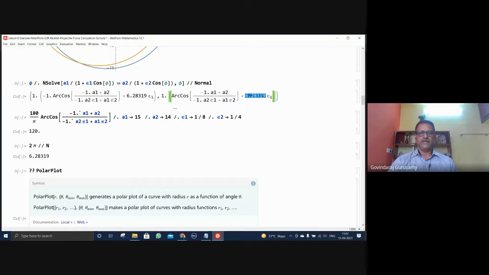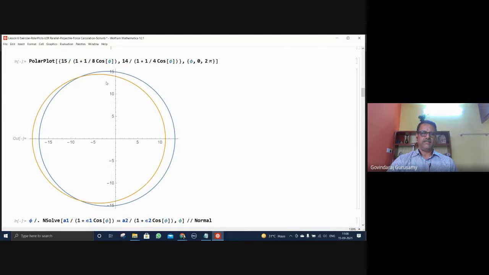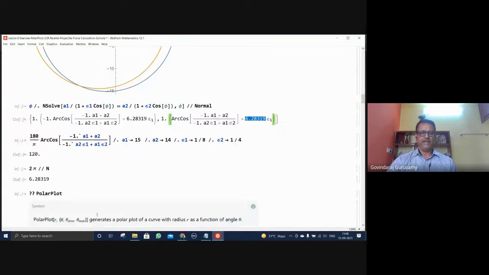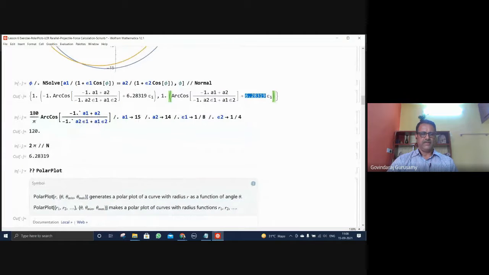Since it's a periodic thing, multiple roots are possible. Whatever is available, if you repeat it 2 pi times, you will get back the same situation. That's what it means, going around and around. Whether it is the first loop, the second loop or the nth loop, they are going to meet. I hope this is clear for all of you.